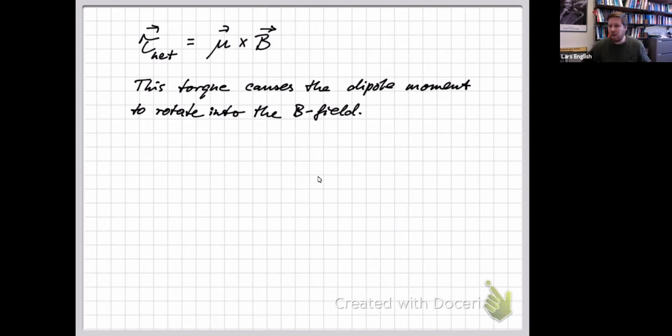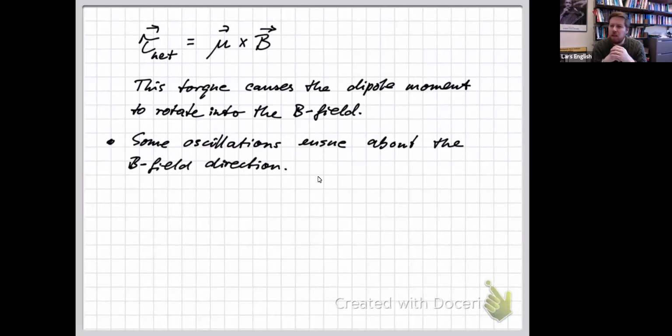As torques have a habit of doing, they cause things to rotate. In this case, they rotate the dipole moment. As the magnetic moment tries to rotate into the field, it gets accelerated by that torque.